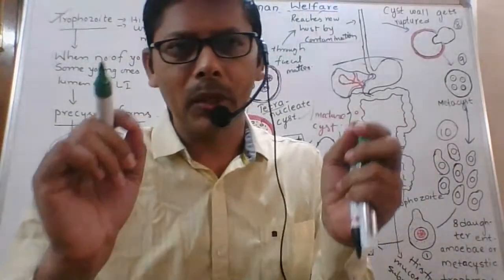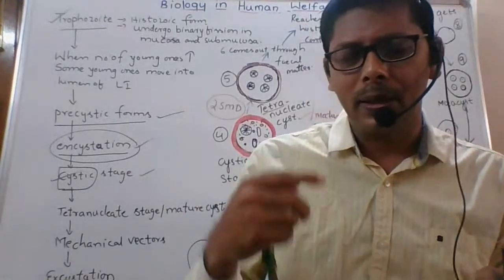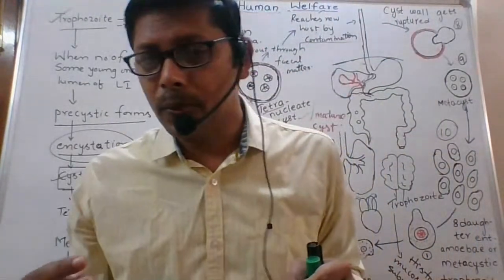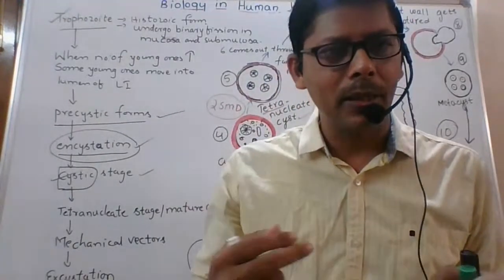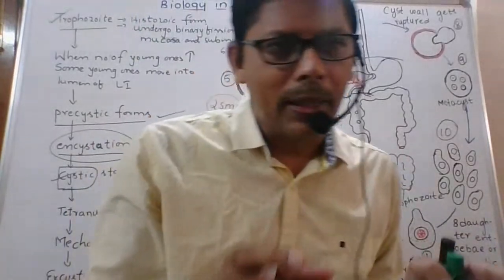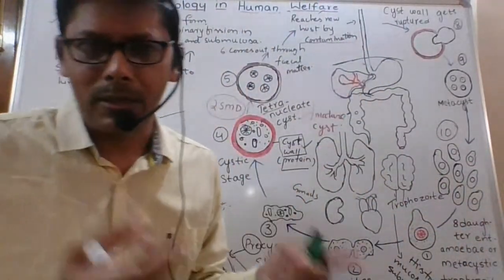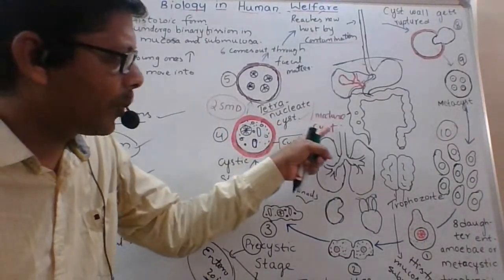This mature cyst, or tetranucleate cyst, is a very important point. It is the infective stage. When I teach Plasmodium, Wuchereria bancrofti, Ascaris, every time you will come across the infective stage. The infective stage means the stage that infects us. The infective stage is the tetranucleate cyst or mature cyst.